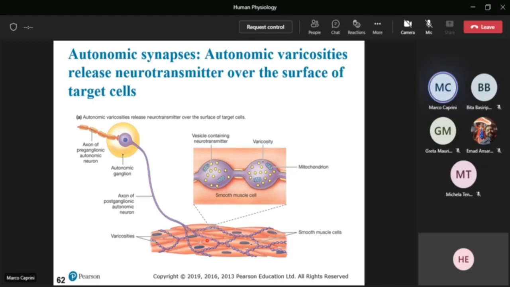And how is it possible? It's possible because the autonomic varicosity that contains the neurotransmitter, obviously, releases the neurotransmitter on top of the muscle. And every cell that contains the receptor can be contracted.